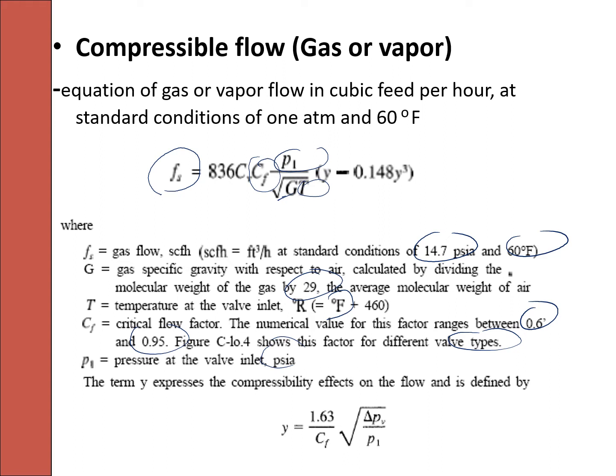For the Y term inside this formula, you need to calculate using this formula, which is 1.63 over CF square root of delta PV over P1. Normally delta PV is given inside the question. The value of P1 you can also obtain from the question, and normally it is in psig, so you need to add 14.7 to convert to psia.